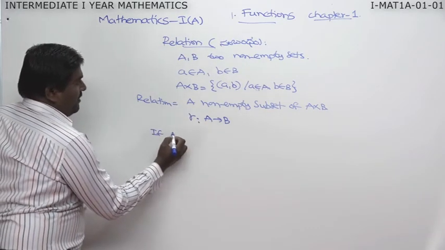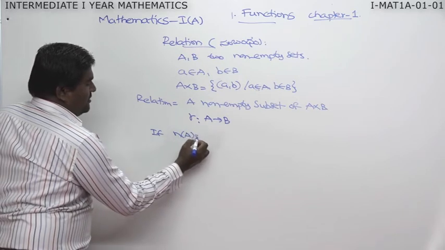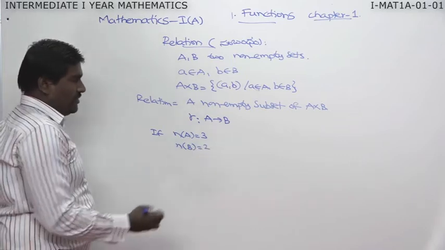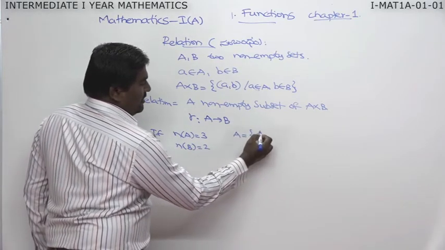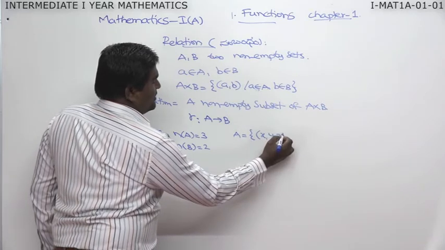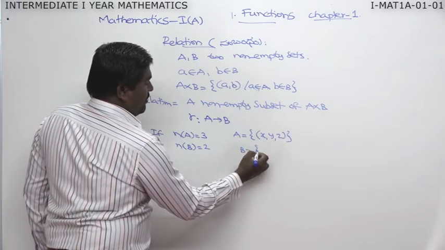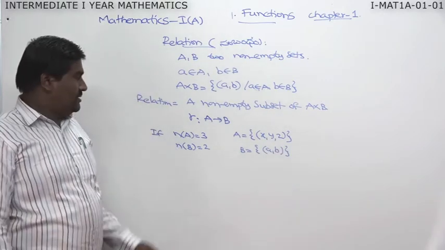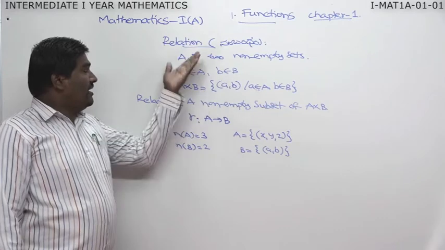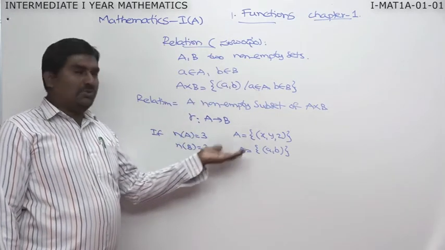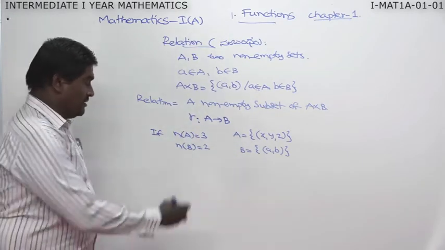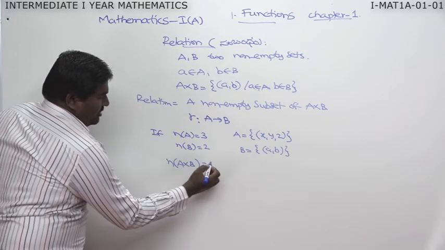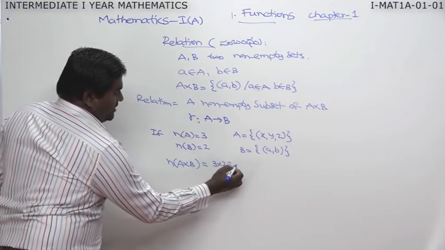If the number of elements in A is 3 and the number of elements in B is 2, namely the set A contains elements x, y, z and B contains the elements a, b, now we can establish how many relations we may establish from these two sets A and B. That is, the number of elements in the Cartesian product A cross B is 3 into 2, which is 6.